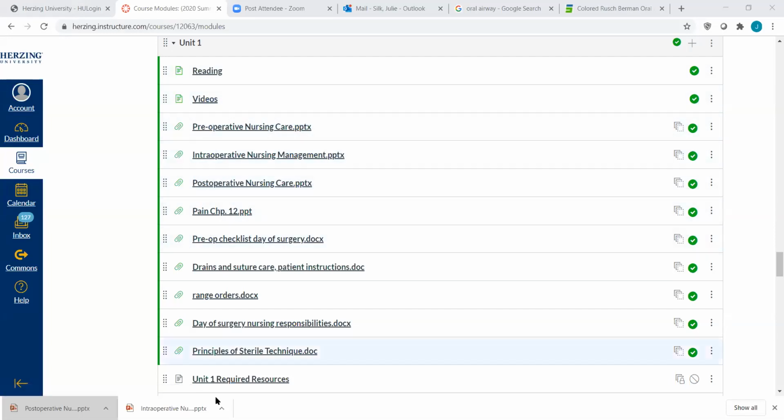Other things that I might have would be handout type things. So here I have pre-op checklist, day of surgery, drains and suture care. This range disorders thing has to do with pain medicine, so that would be something to look at. And then I have principles of sterile technique. So make sure you're looking at some of these handout type things too.